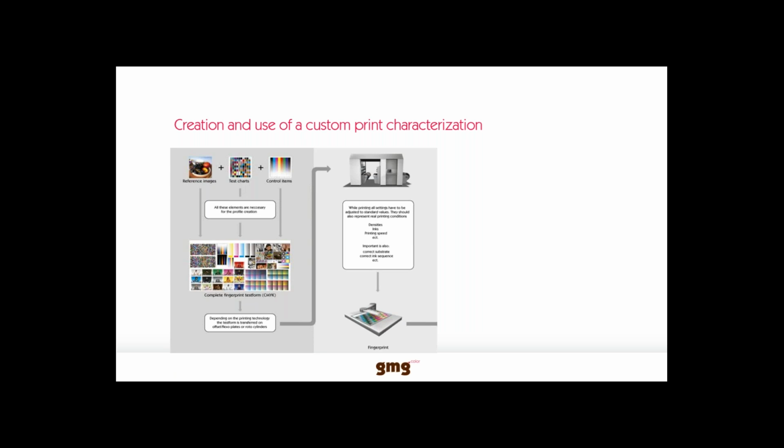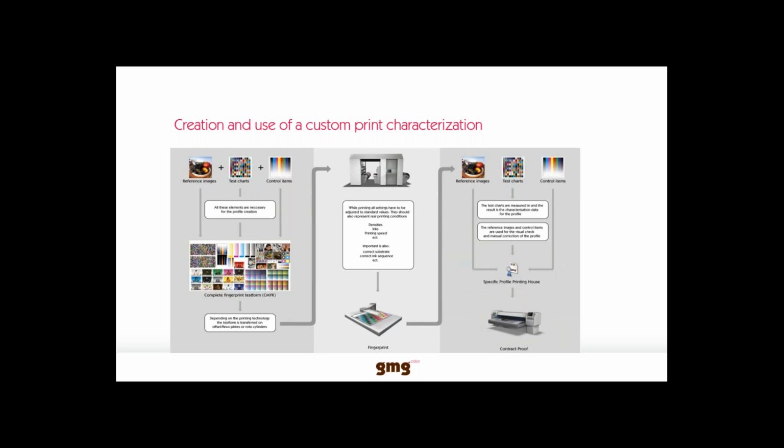We have to select some sheets for the evaluation. Then we make the measurements of the test charts, the evaluation, and the optimization of the measurements, and we finalize our characterization data. And then we can use the characterization data for profile creation and for a recheck with the proofing profile. So we compare our proofing profile with the images and the control items on our test form.